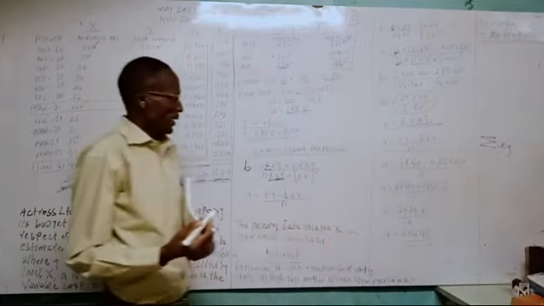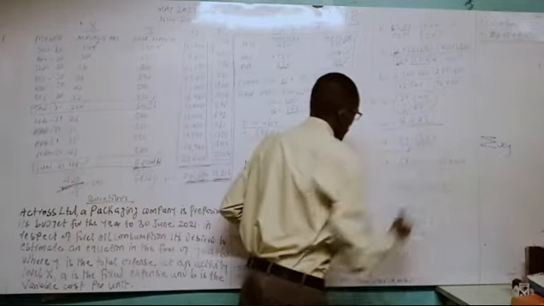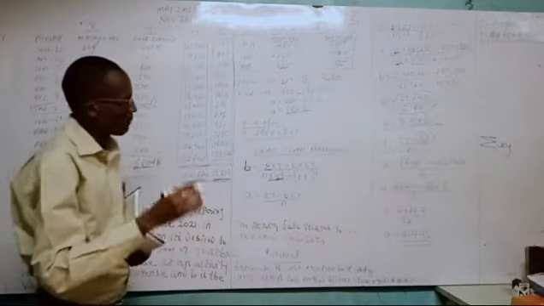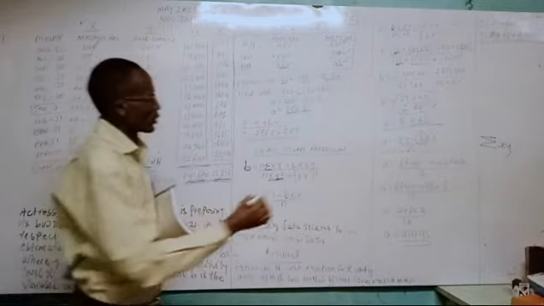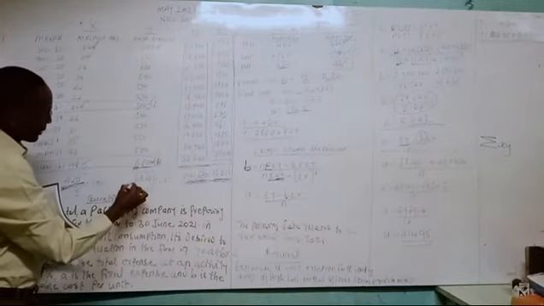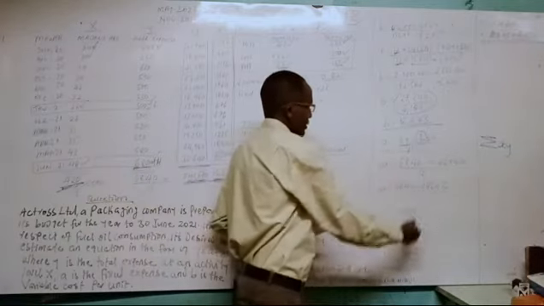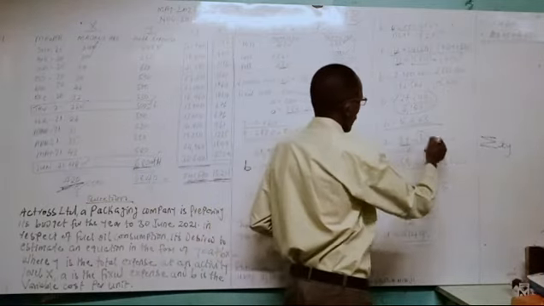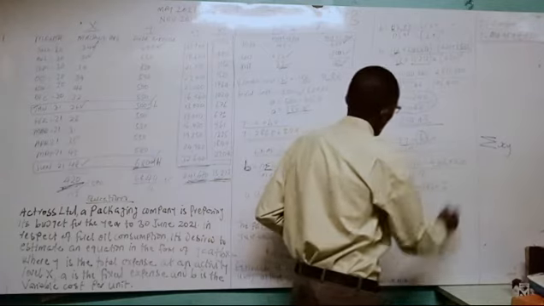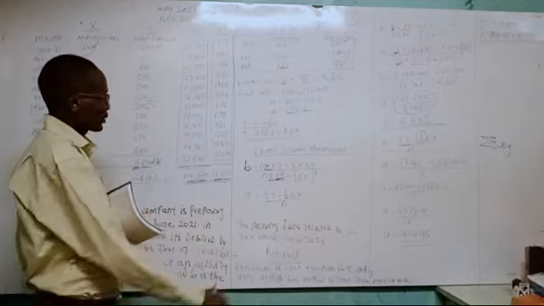Summation of y minus b. This b we have computed, so we just substitute. Summation of y minus b, summation x over n. So summation of y, we have it here. Summation of y is 6840. 6840 minus b, b we have computed as 4.43, times summation of x, which is here.